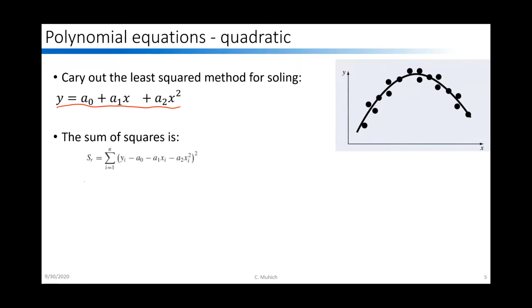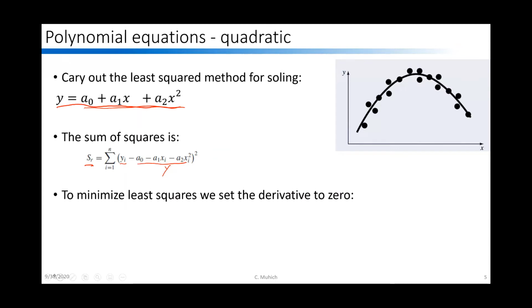So if you remember from last time, we can say our sum of residuals is the sum over every point of yi minus the y calculated using our fit equation. In this case, it's yi minus a0 minus a1 xi minus a2 xi squared. And then we square that difference just so we don't end up canceling out error due to having opposite signed sets.